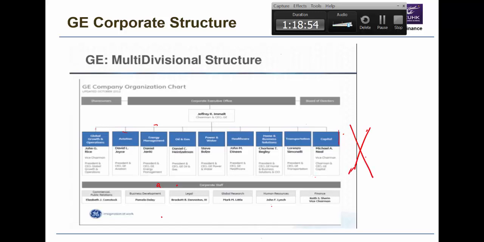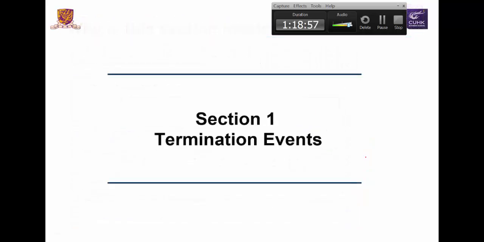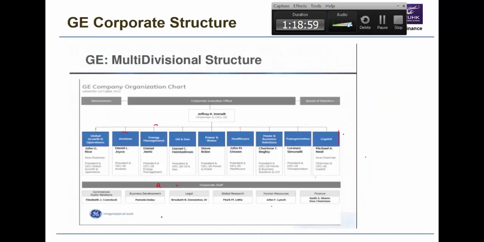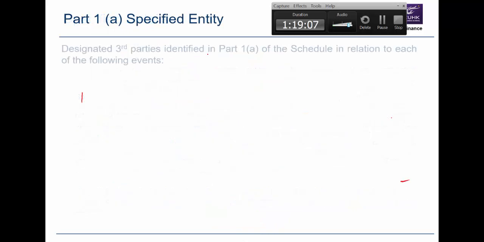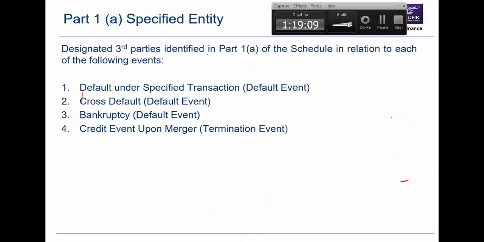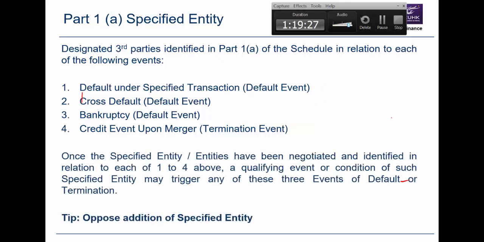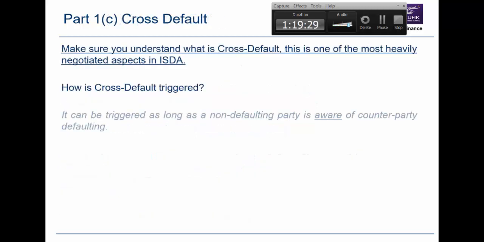Bond, okay? It's just the bond equivalent of, it's not a transaction, it's a bond, that's all, okay? So these are all termination events. Don't worry about all this stuff.